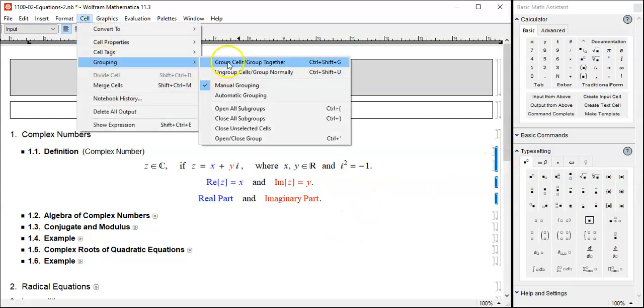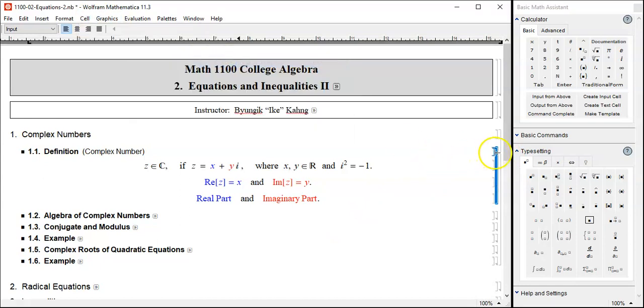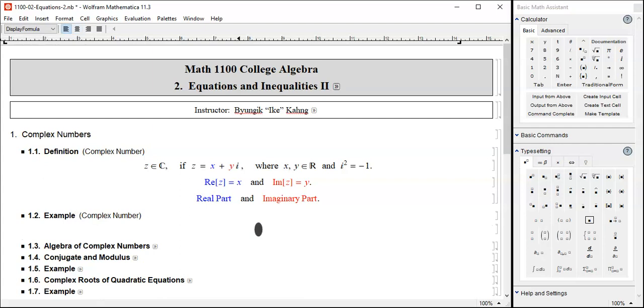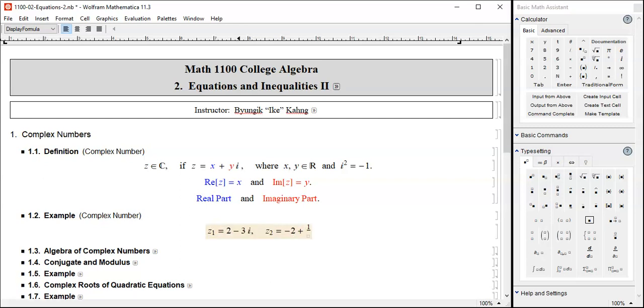Before going over to algebra of complex numbers, maybe it's worthwhile considering some examples here. 2 minus 3i, that's an example of a complex number. -2 plus 1/5 i, that's another example.